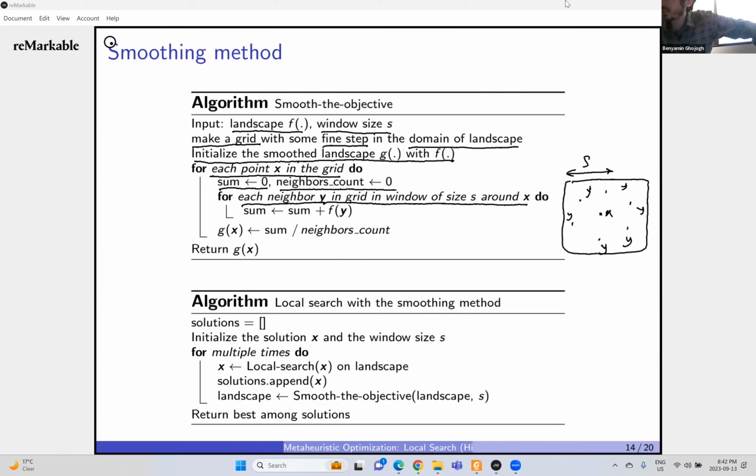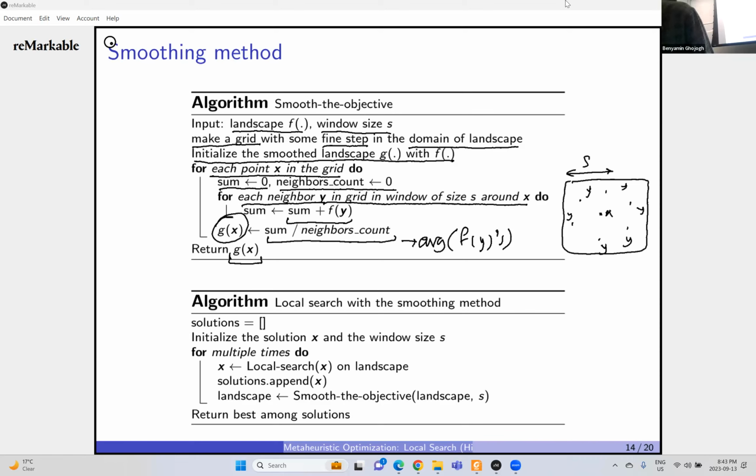With some window size S. Then I sum the cost values of all of them. Then I divide the sum by the neighbor count, so how many neighbors do I have? This becomes the average of the f(y)s. I have several f(y)s, right? The average of them, I replace the cost of that point by the average. So then g(x) becomes a smooth.